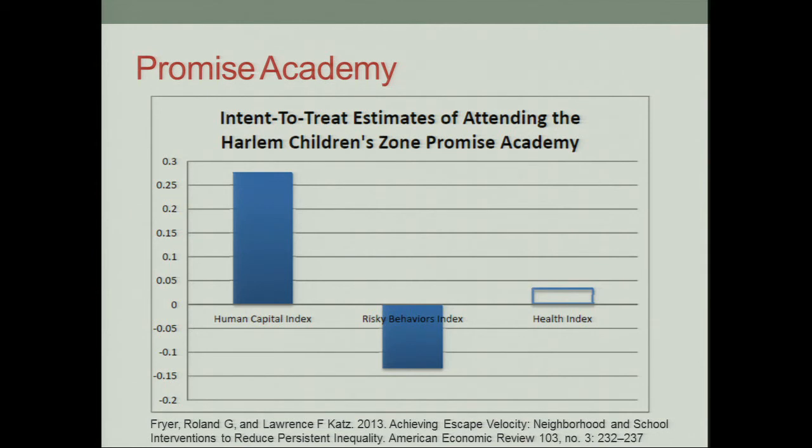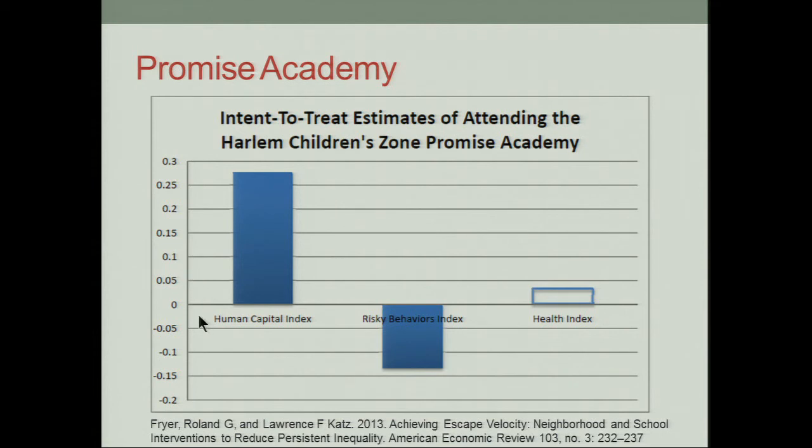And they found pretty large gains in academic outcomes. On the y-axis here, this is standardized, so it's basically the effect size, or how many standard deviations they saw in the outcome.